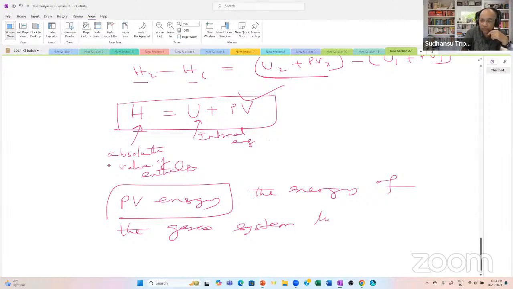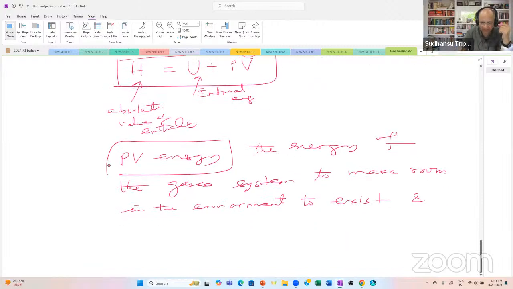To make room, make space in the environment, in the surroundings, to exist, create its pressure and volume, and occupy some volume. These are all theoretical.